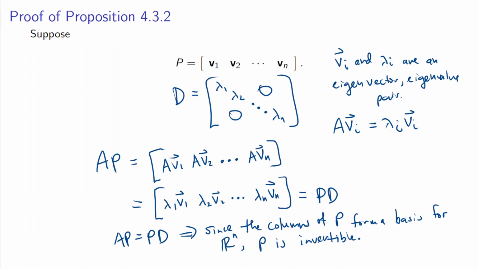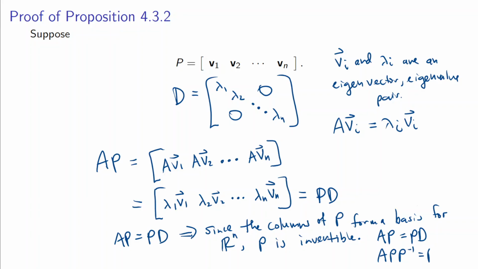If you go back to previous videos, we looked into invertibility, and one of the equivalent conditions is that when the columns are linearly independent, our matrix is invertible. Okay, and so AP equals PD. Since P is invertible, we can multiply by P inverse on the right for both sides.